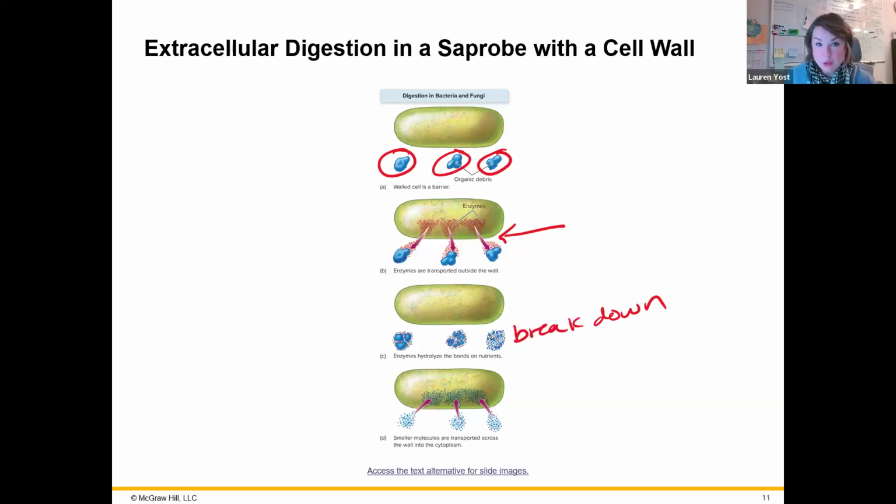And now they can absorb those nutrients through their cell membrane. So that's how saprobes will break down what's outside of them and then absorb those nutrients, which leads to the decomposition of the basic overall structure of whatever that dead organism is.